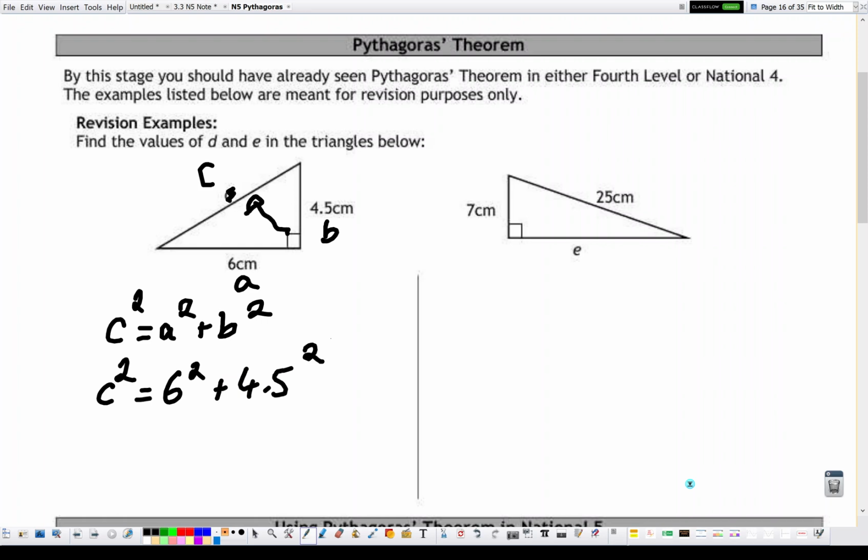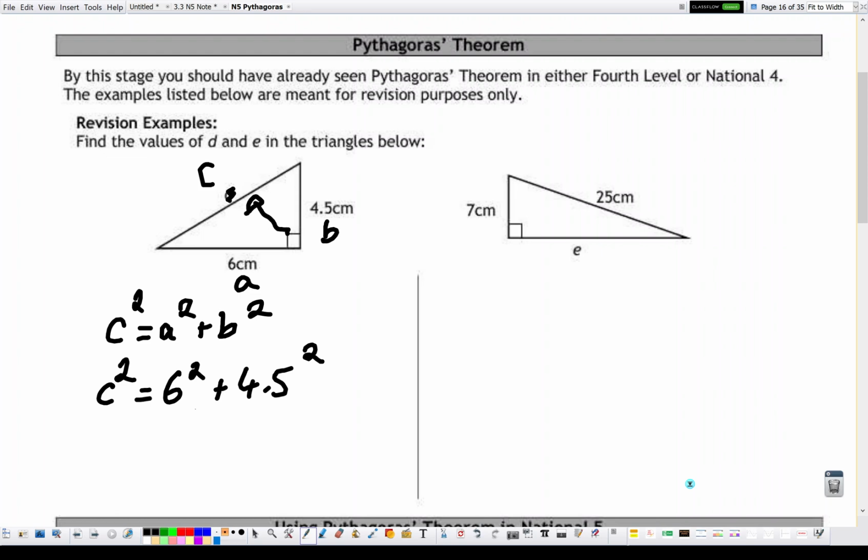And you've kind of got two options here. Either you could work out 6 squared plus 4.5 squared and write that down on the right hand side here, but what we have here is a c squared, which we're going to have to undo by doing the square root of both sides. Now if you work out the right hand side first, then take the square root, you can end up putting two different things in your calculator, and you can sometimes make a mess and get numbers wrong or not round it correctly.